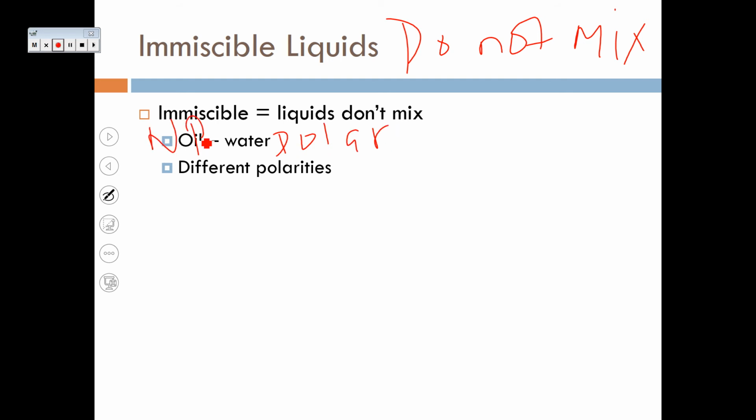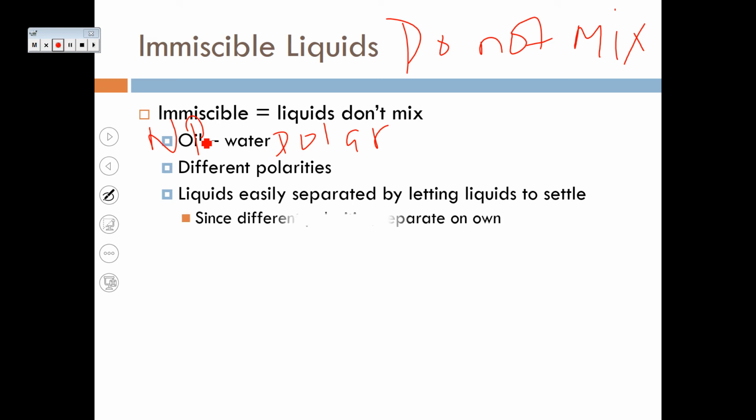Oil is what we call a nonpolar molecule. Polar and nonpolar liquids do not mix, and you can see the different layers of those liquids with the naked eye. The liquids are easily separated by letting them settle. The more dense liquid will settle to the bottom. Because they have different polarities, they will separate on their own.